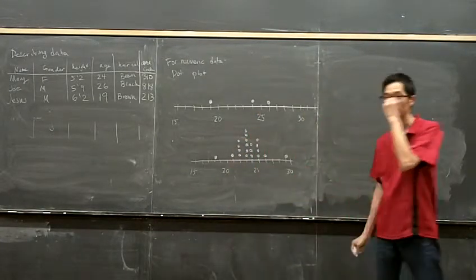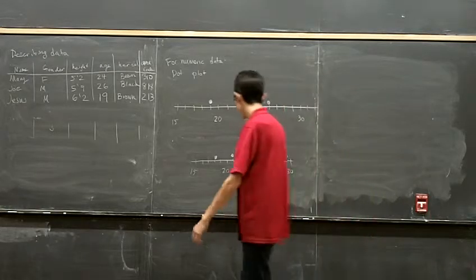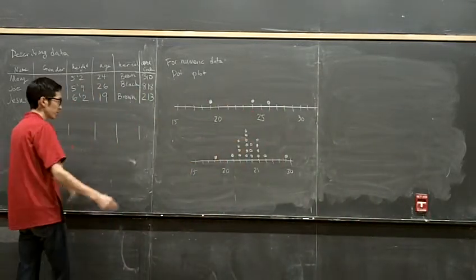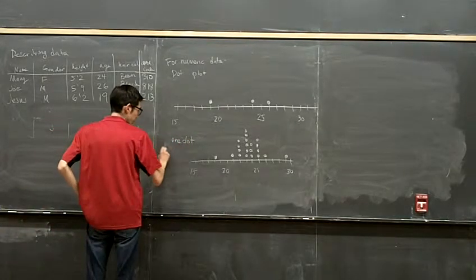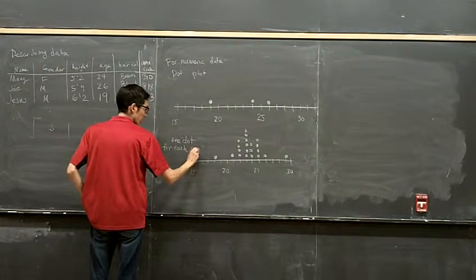Maybe you get a dot plot that looks like that. Okay. And a dot for every single person. So however many people we have, you get 1 dot per individual, or 1 dot for each subject or case.